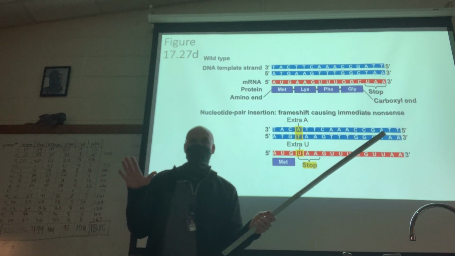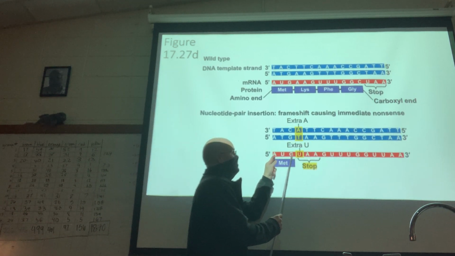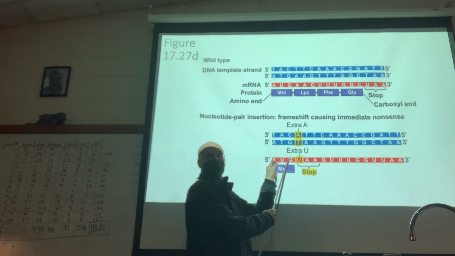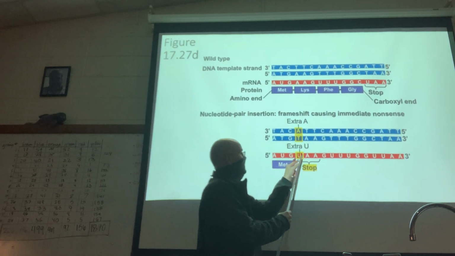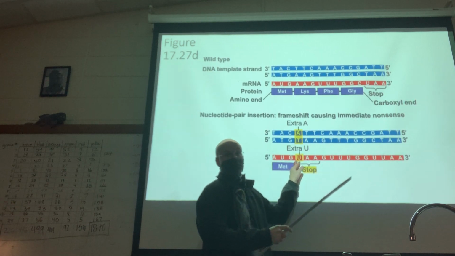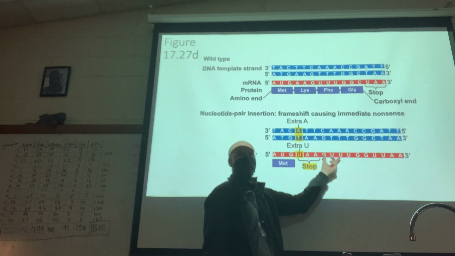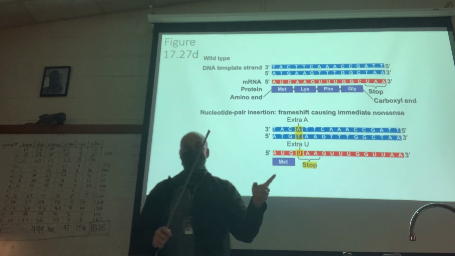Well, here's what happens when you add a letter. You read the first codon, and then when you add a letter, you have what we call a frame shift. Adding a letter means every codon has been shifted over.